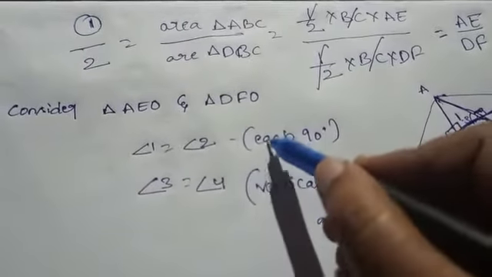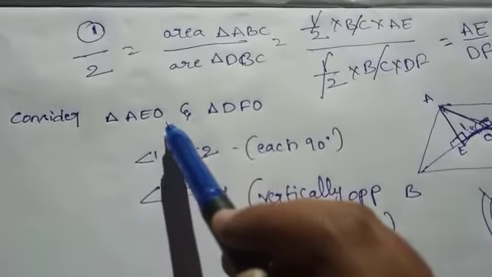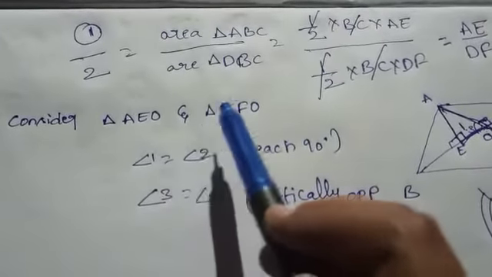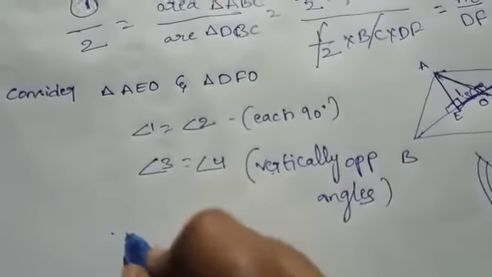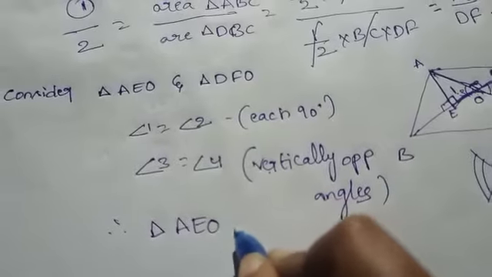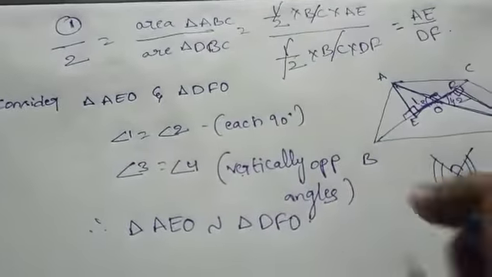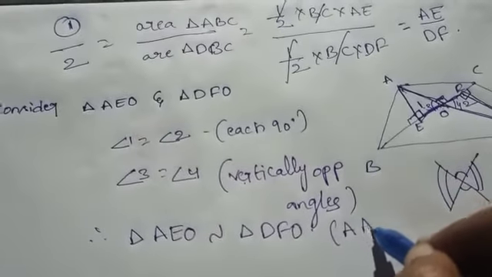Here, using the angle similarity criteria, triangle AEO is similar to triangle DFO. These two triangles are similar.